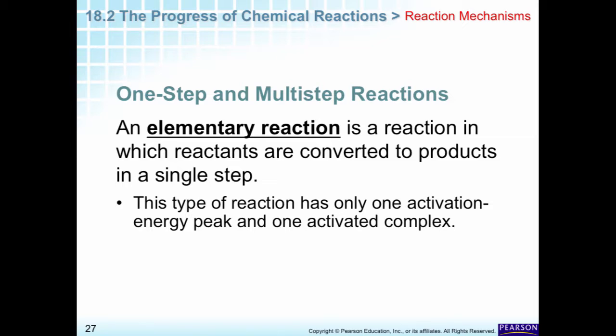So we have something called an elementary reaction. That's when your reactants are converted to products in a single step. So if we were to draw this with an activation energy, it would look something like this.